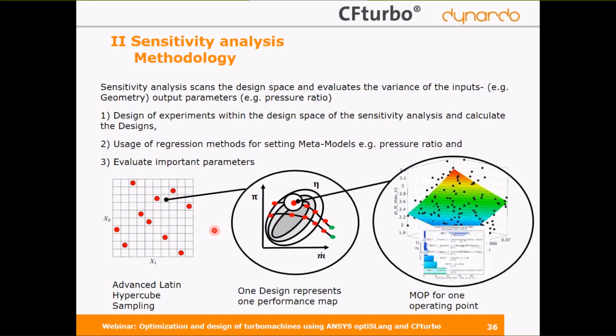Once the process is automated and the parameters are defined, you can start with the sensitivity analysis. Sensitivity analysis evaluates the variance of the inputs and the output parameters. So, for example, the output parameter is the pressure ratio, and you get an idea which of the mentioned input parameters influence your pressure ratio the most.